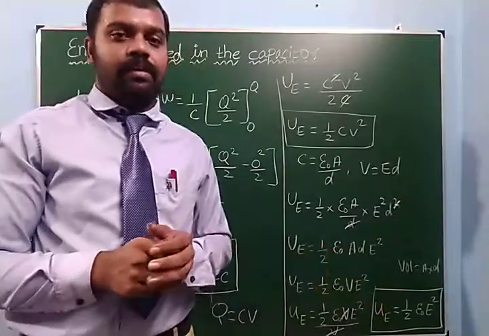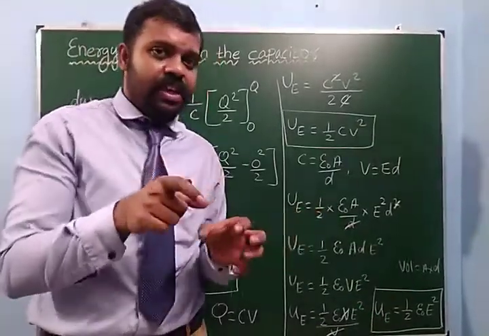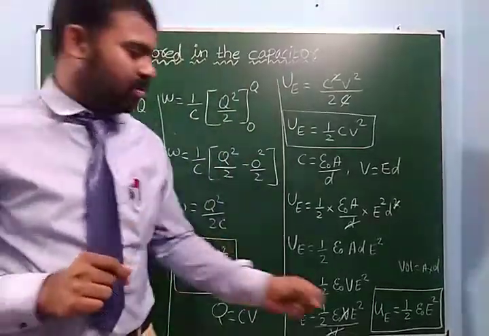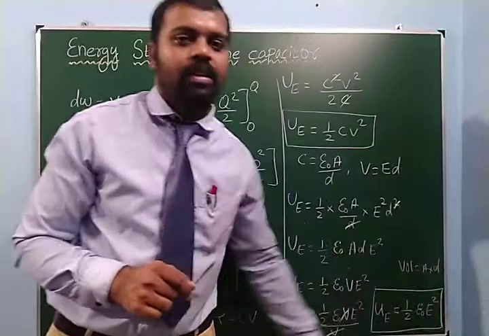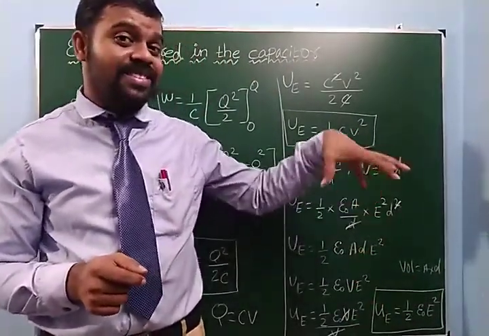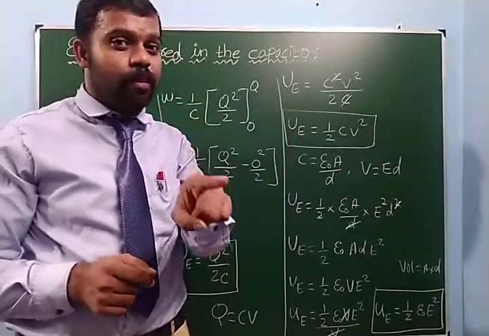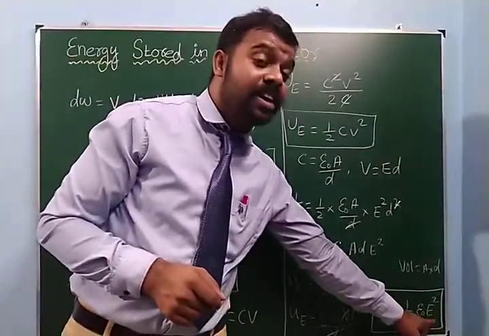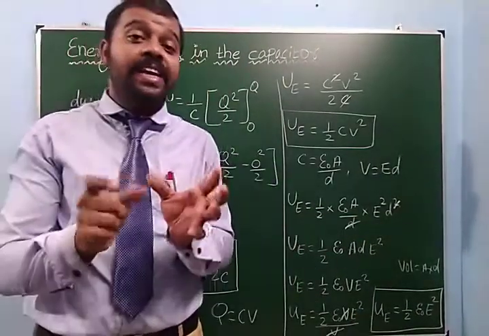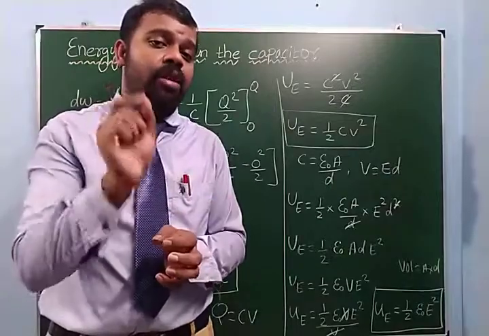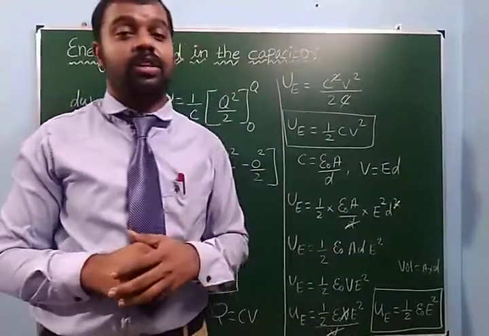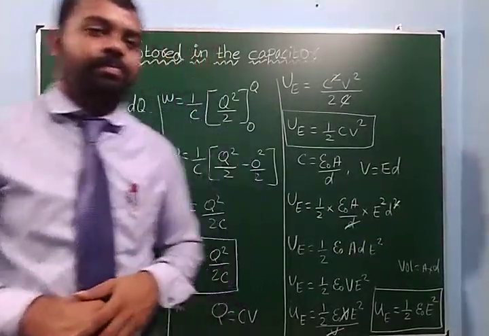From this we can say the energy density does not depend on the size of the capacitor, because the area does not come into it. The energy density does not depend on the size, but depends upon the electric field intensity E square. So this equation is applicable to any type of capacitor, any type of charge configuration. Thank you.